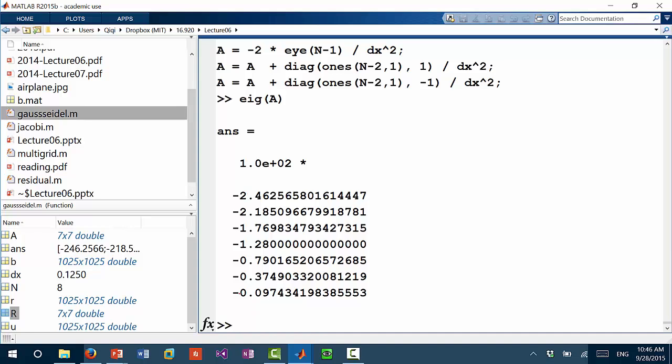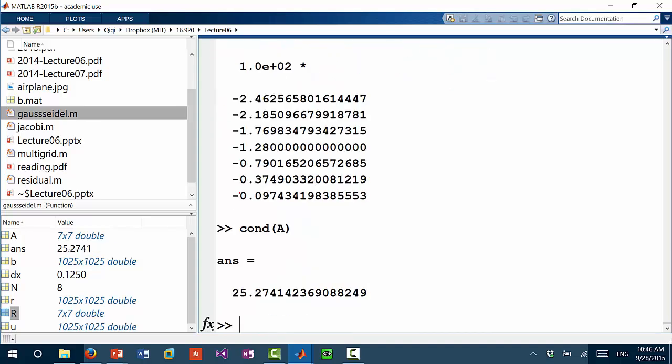It goes from minus 0.09 times 100 to about 240. That's not a very stiff matrix, right? You probably know the condition number of a matrix is basically the largest eigenvalue divided by the smallest eigenvalue. It's 25. It's not a stiff matrix at all, right? 25 is very reasonable. But that's n equal to 8.